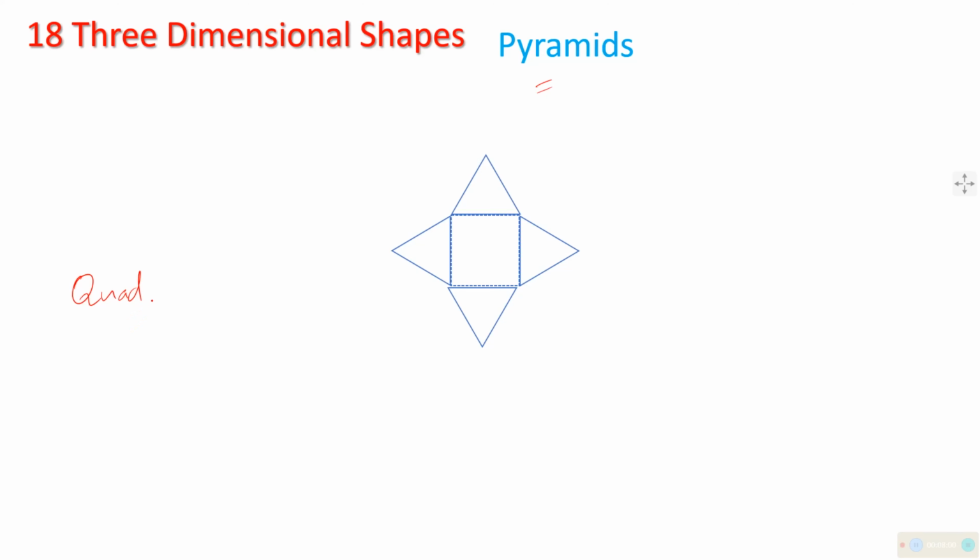Quad has a meaning of 4. Quadrangular means having 4 angles. Where are the 4 angles? These are the 4 angles. And it is a pyramid.